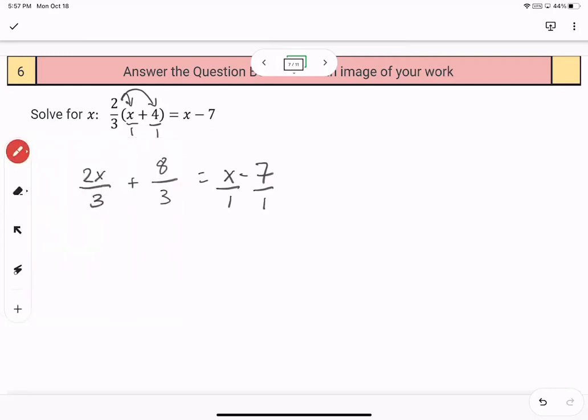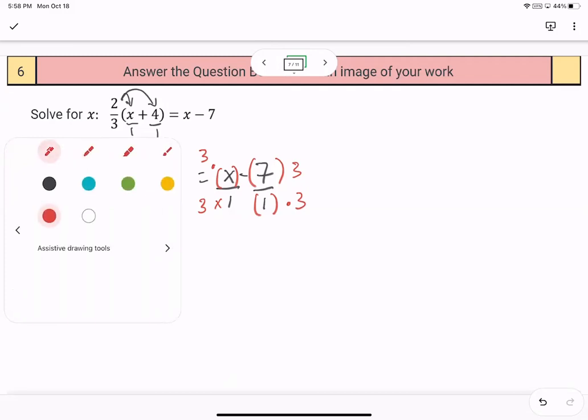So how do I turn 1 into 3? I multiply it by 3. So I multiply the denominator by 3. And when I multiply the denominator, I do the same thing to the numerator, times 3. I'm going to do the same thing over here. Multiply this by 3, multiply the denominator by 3. So we can all have 3's in the denominators.